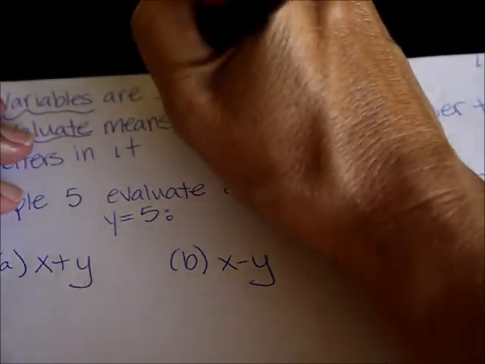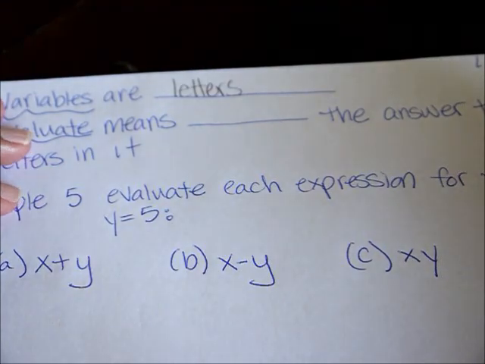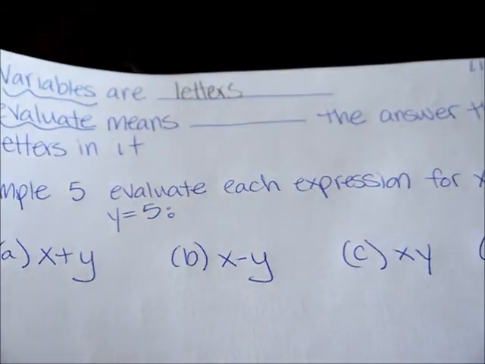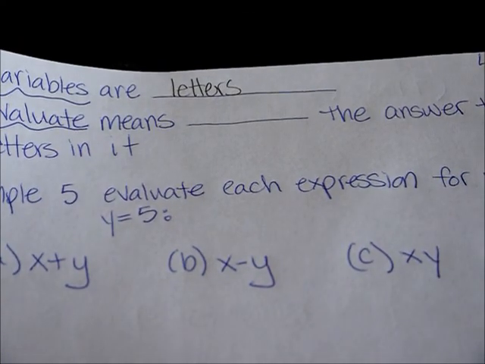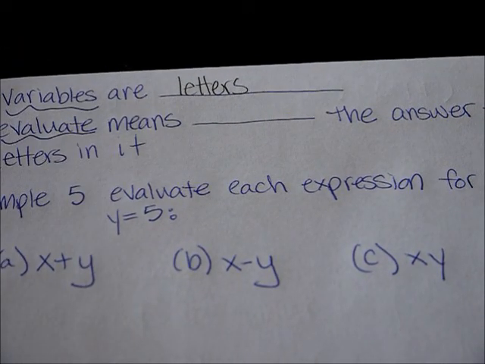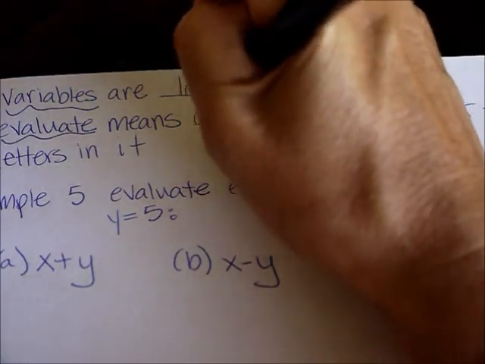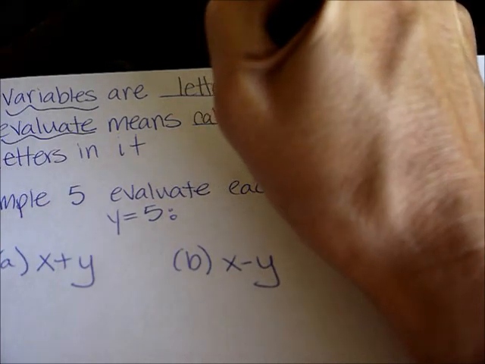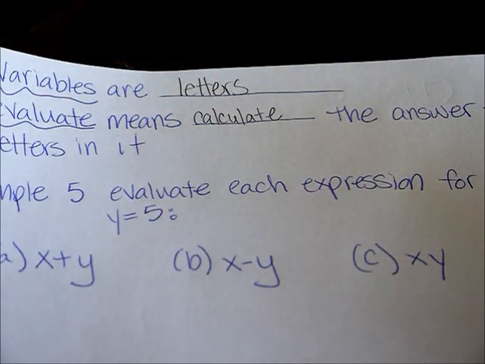So variables are letters of the alphabet. A, B, C, you're going to see a lot of A, X, Y, lots of options, okay? M, N. And evaluate means calculate the answer, basically, if they give you values for the letter.